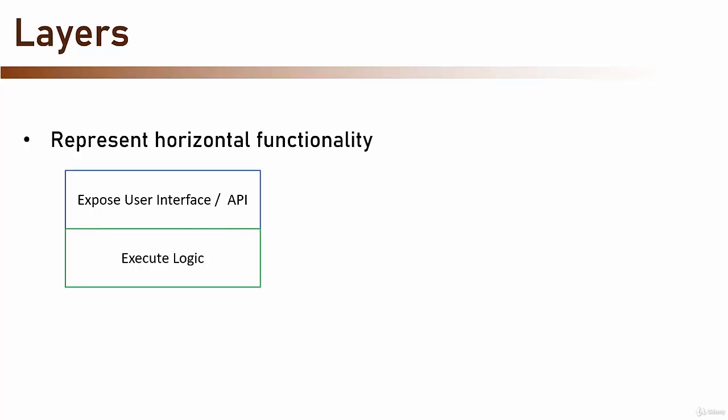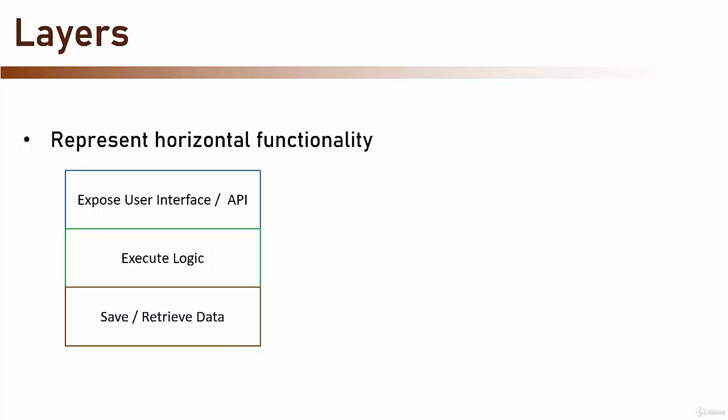This logic might involve some calculation, validation, processing, accessing external systems. Whatever it is, there is some logic involved. The next task has usually something to do with a data store. We usually need to save or retrieve data from the store, and this is the third task our software needs to accomplish.